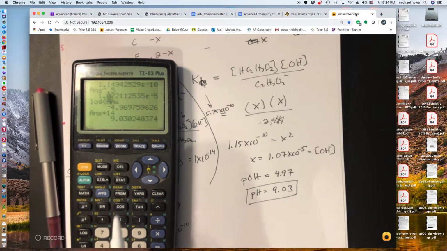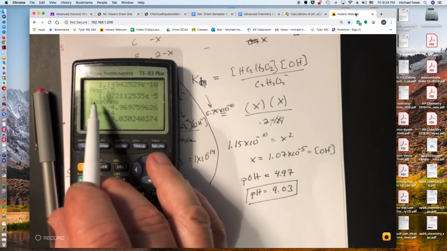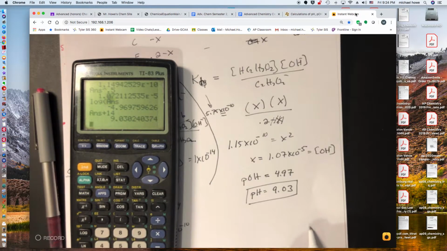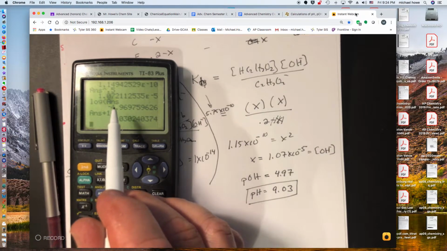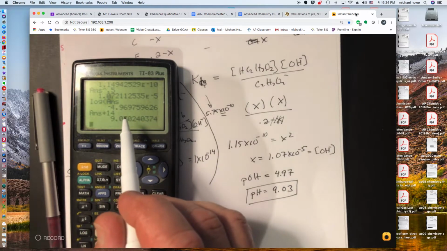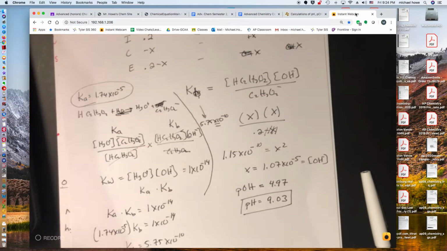Okay, now for those of you who are watching my calculator closely, a trick that I sometimes use is I just take the log, and that was a negative number, and so if I write down the pOH, I write down 4.97, that's positive. But in my calculator, I just left it as negative, so I can just hit plus 14 and I get the answer. So really, this answer is the same thing as 14 minus 4.97. Not sure anybody was watching that close, but just in case.